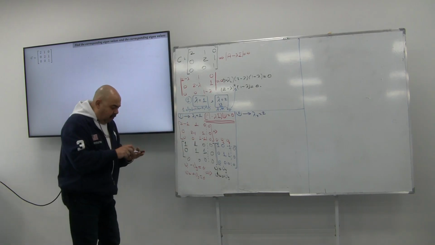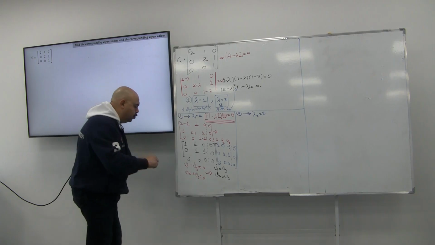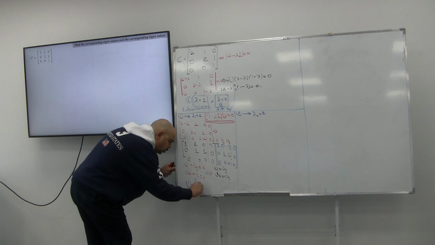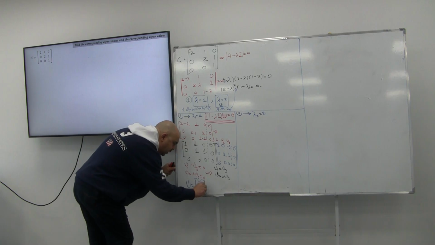Now, I can say that u1, the first eigenvector, consists of 3 components, u11, u12, and u13.